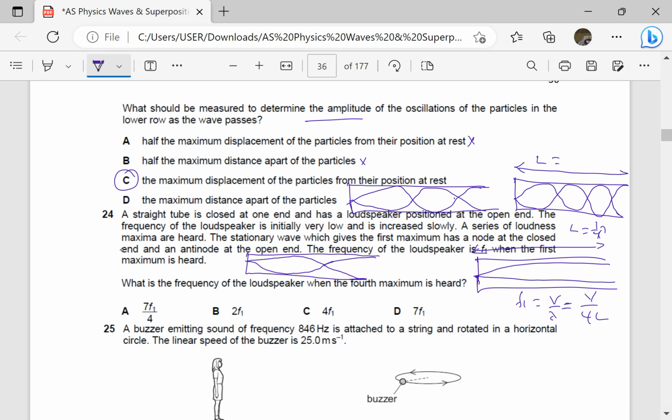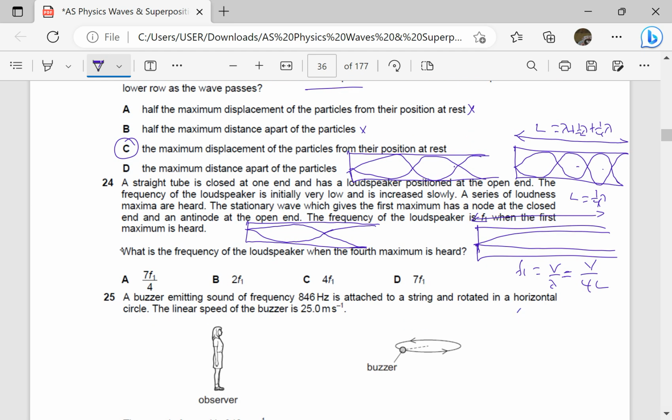So the length L is going to be 1 wavelength plus a half wavelength plus a quarter of wavelength, which means the frequency there, I'll call it F2, is going to be V over wavelength.